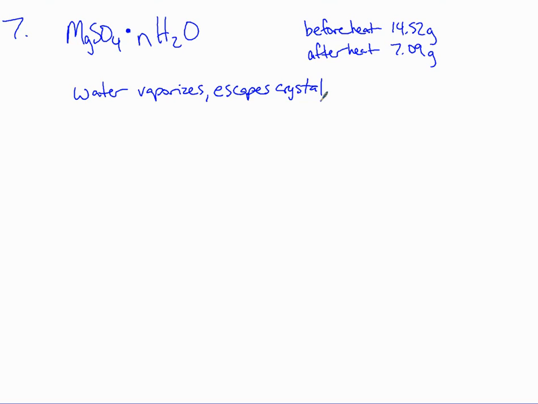In AP format, you'll get questions where they say, describe what is happening. And that's why we do this in the notes. You want to try to use complete sentences for the AP exam: we are applying heat, the water molecules are vaporizing, converting into a gas, and they are escaping from the crystal. AP graders don't really like it when we write a book about it, so try to keep things kind of short.